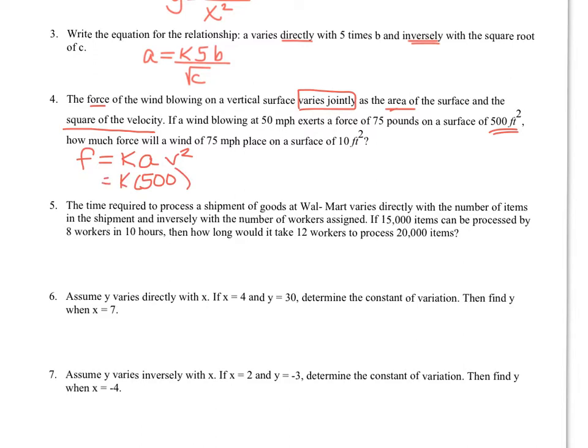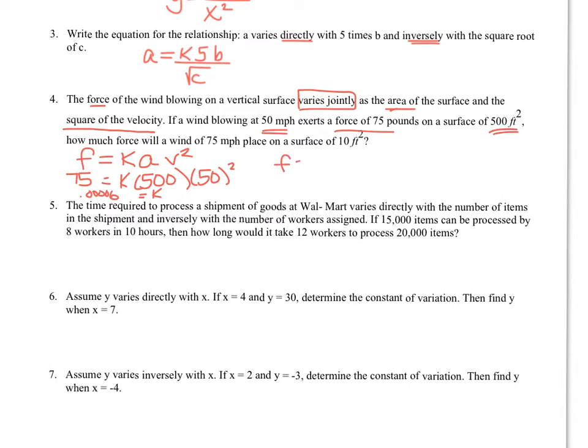A force of 75 pounds, so that's F. Miles per hour must be velocity, squared. So I type in 500 times 50 squared, and then divide that into 75 to get k, and I get 0.00006 for k. Yes, you can turn it into a fraction if you want to, it doesn't matter.